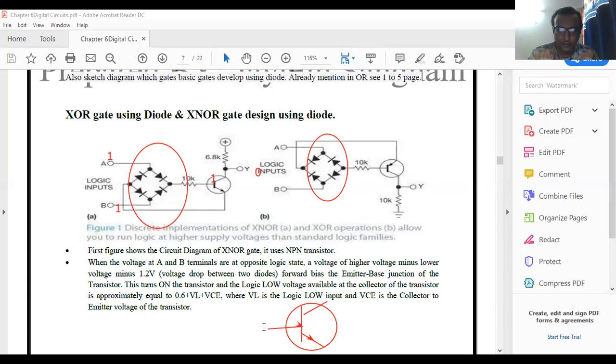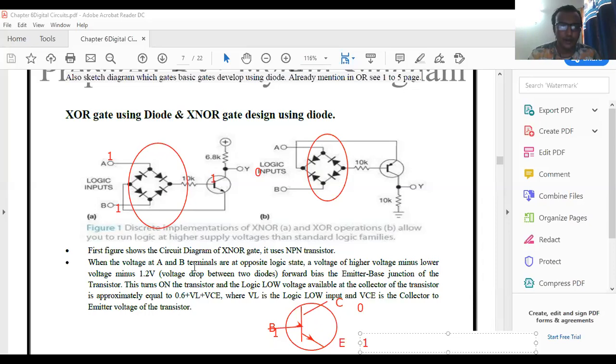Here base, here collector, here emitter. If here 1 volt, here 1 volt, then here voltage is 0. But here voltage is 1. At the emitter we can get 1 volt.